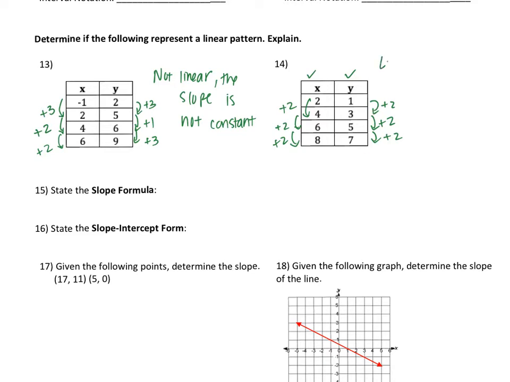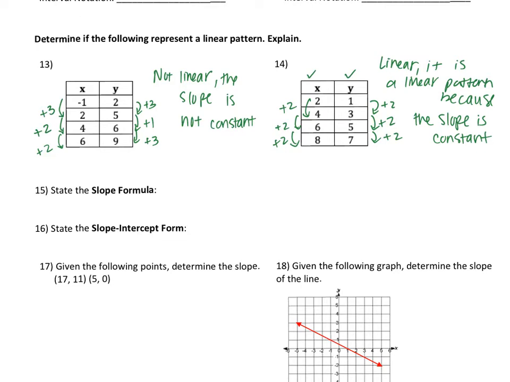So we can say, yes, this is a linear pattern because the slope is constant. So something like that.